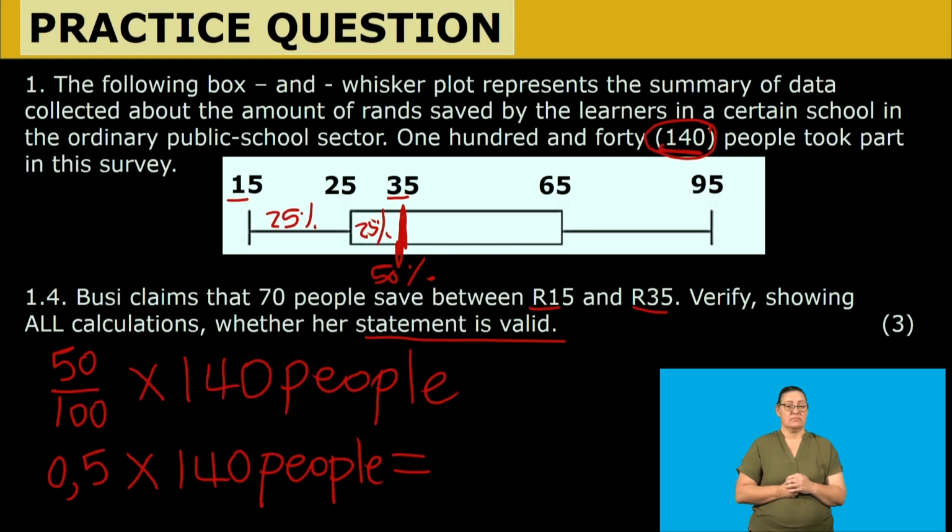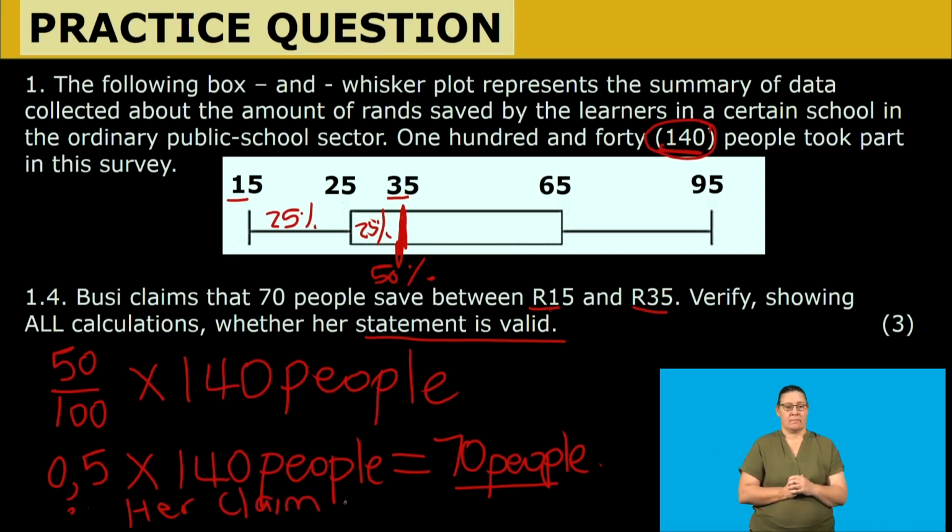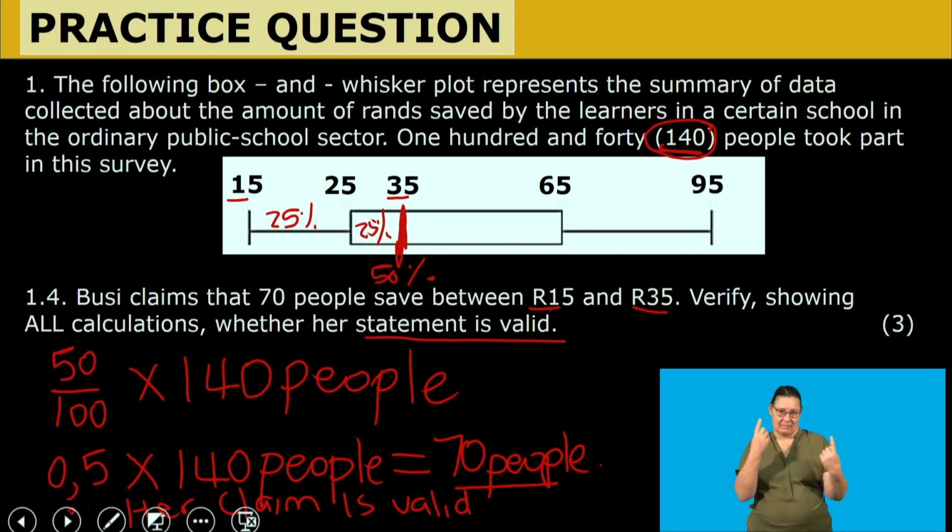It gives how much? It gives 70 people. What was her claim? She claimed that 70 people save between 15 rand and 35 rand. And then yes, her claim is valid. So we'll therefore say, therefore, her claim is valid. Or you can say her statement is valid. Doesn't matter. Either way, the most important thing is that it is a valid statement.